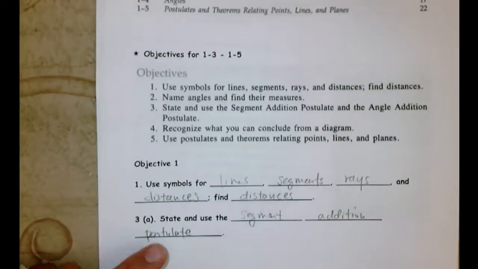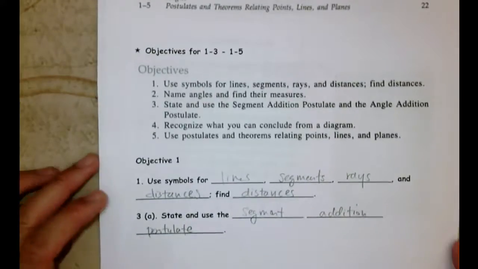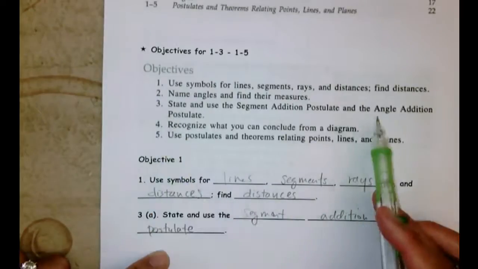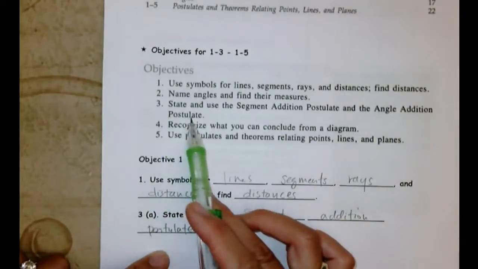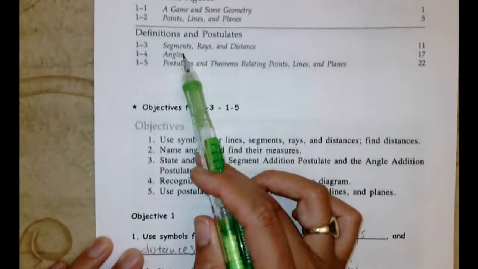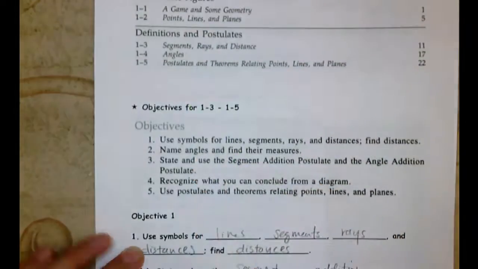Okay, and postulate is probably a new word for you, so I'm going to explain what it is later. Okay, and objective 3b is the angle addition postulate, which we will do in 1.4, where we learn about angles.